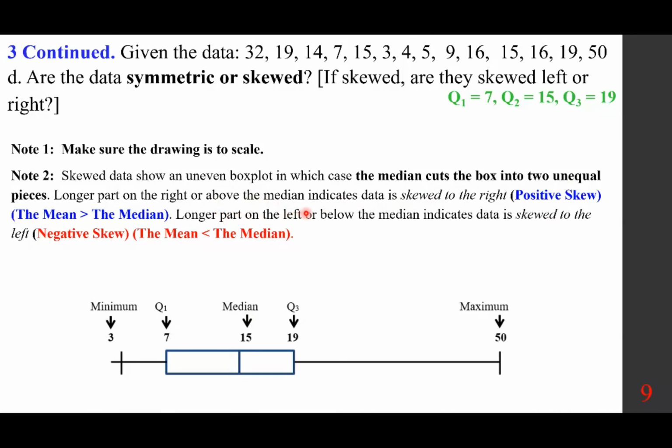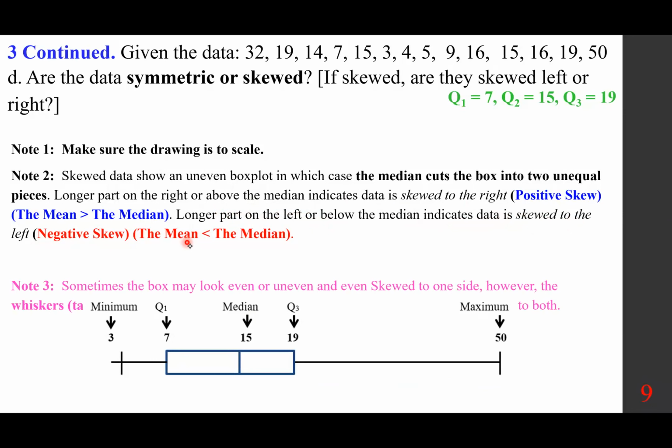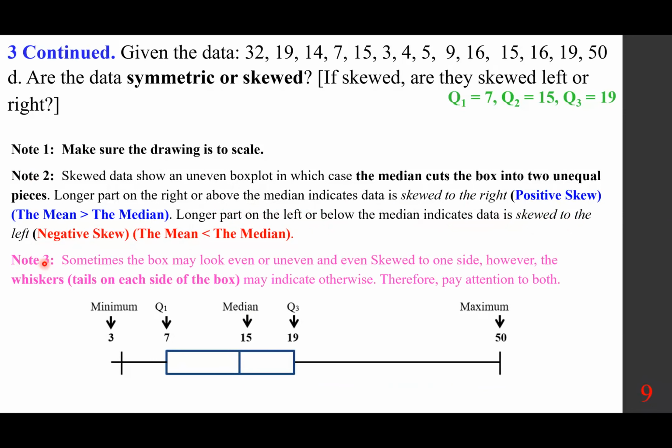Longer part on the left or below the median indicates data is skewed to the left, meaning negative skew, meaning the mean is less than the median. Also, you want to pay attention to all these notes. Sometimes the box may look even or uneven and even skewed to one side. However, the whiskers or the tails on each side of the box may indicate otherwise. Therefore, pay attention to both.